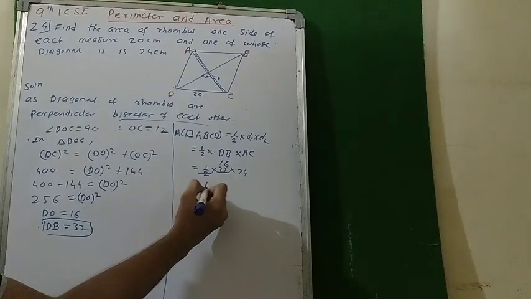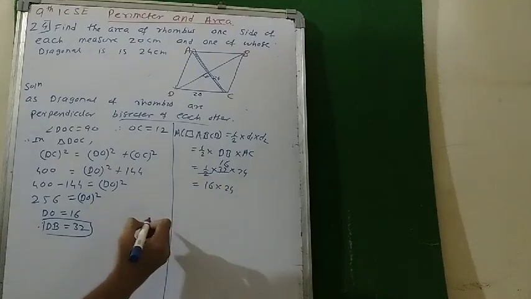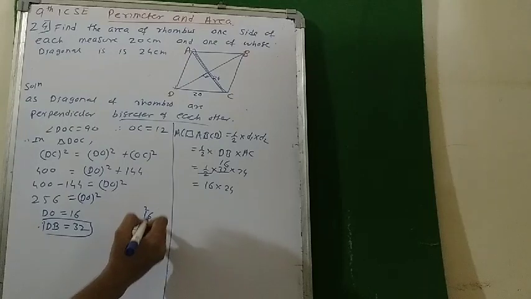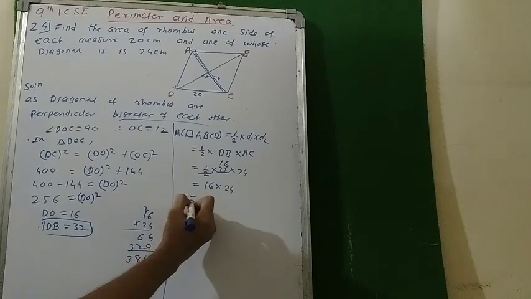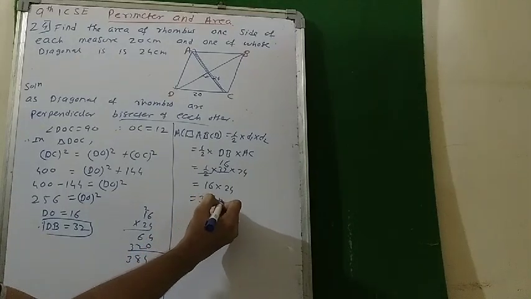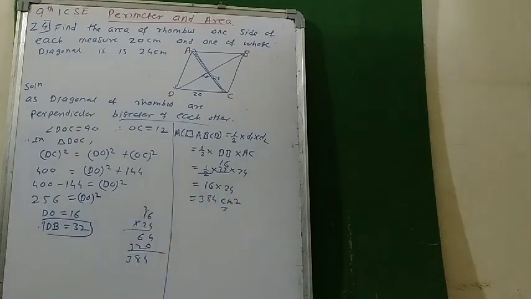So 16 multiplied by 24 is 384. So 384 centimeter square is the area of the rhombus, where one side was given and one diagonal was given.